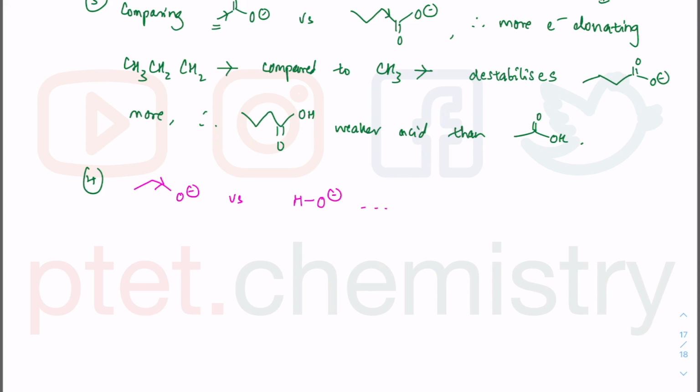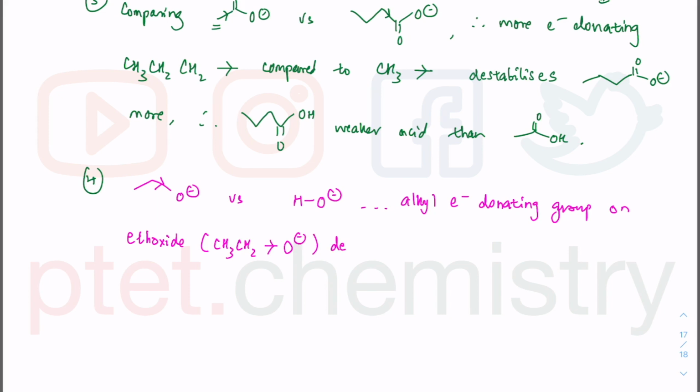Now we can see that the alkyl electron donating group on the alkoxide side, or I can say the ethoxide side, meaning CH3CH2O minus, by inductive effect will destabilize the conjugate base more than the hydrogen does for OH minus.